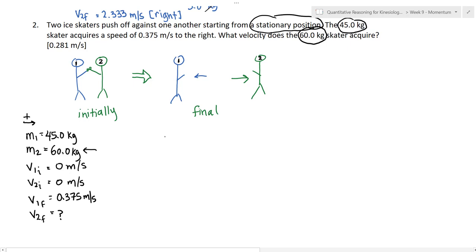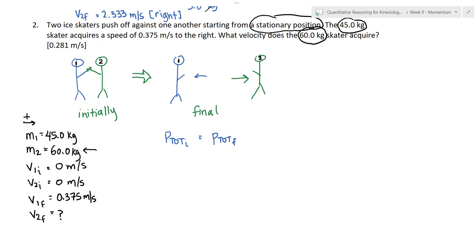So we can say the total momentum initially before the collision is equal to the total momentum final after the collision. And by collision in this case, it's not really what we think of normally as a collision, but two people pushed off of each other. So it's almost like they collided, but they pushed off each other. We can still say initial and final.